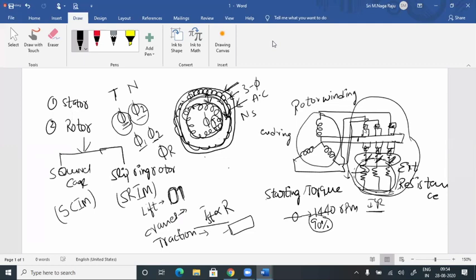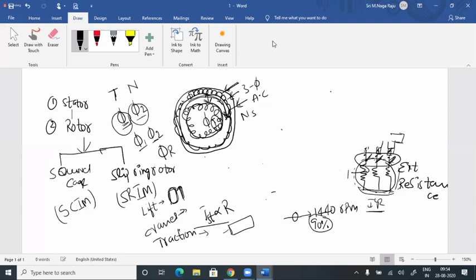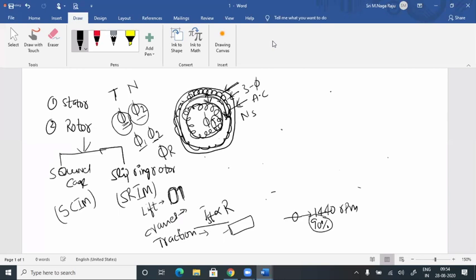Now, if you recall your transformer, in the transformer primary, the no load current has two components. One is the magnetizing component, the other is the working component of current. You might have studied I naught equal to I mu plus I w.